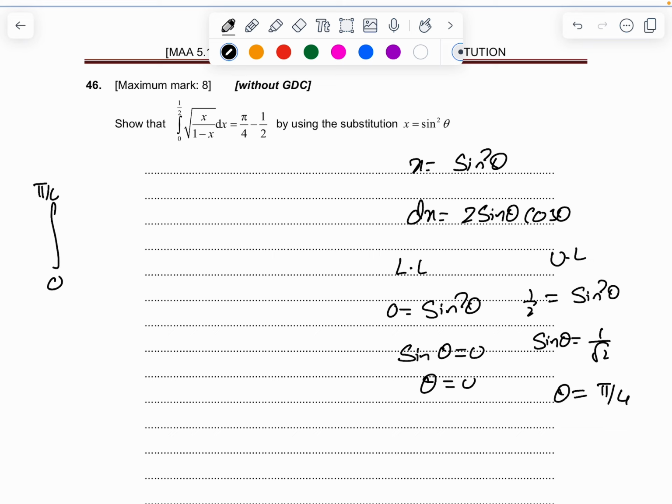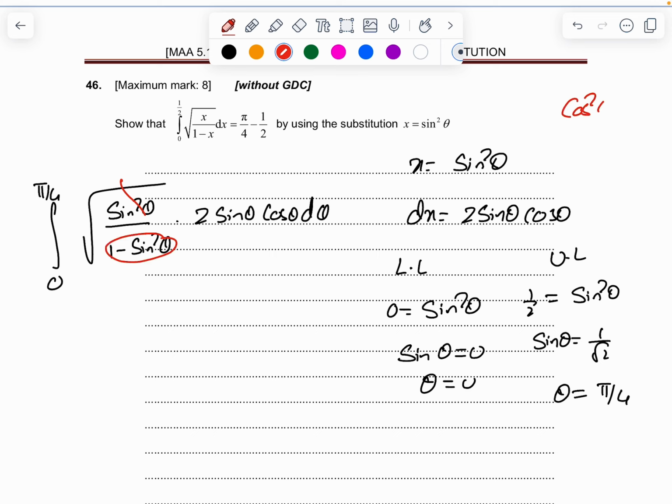0 to pi by 4, square root of sine square theta by 1 minus sine square theta, and dx is 2 sine theta cos theta d theta. Square and square root cancel. 1 minus sine square theta is cos square theta. Again square and square root cancel. So 0 to pi by 4 sine theta by cos theta times 2 sine theta cos theta d theta.